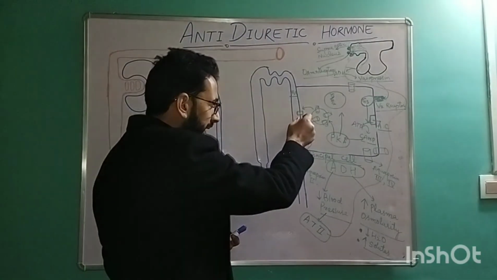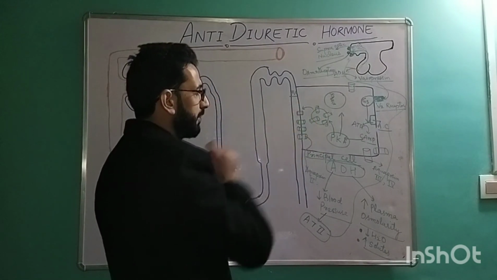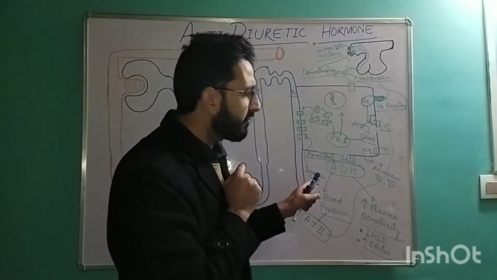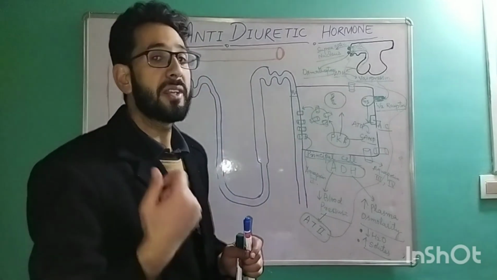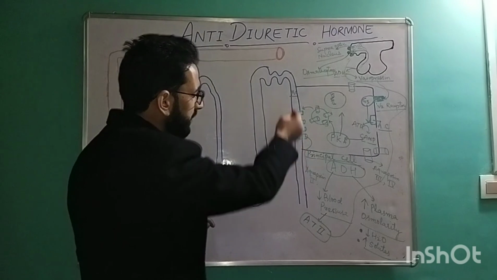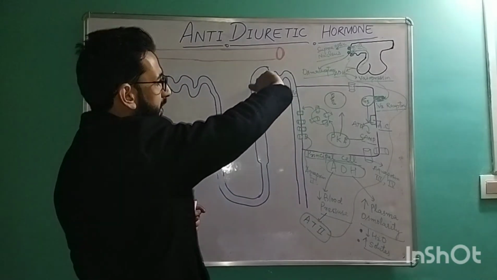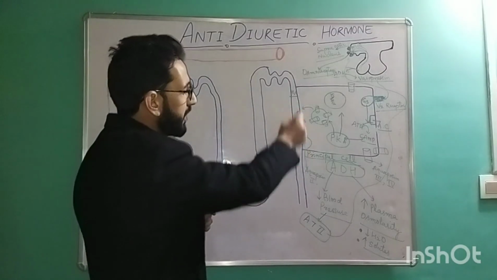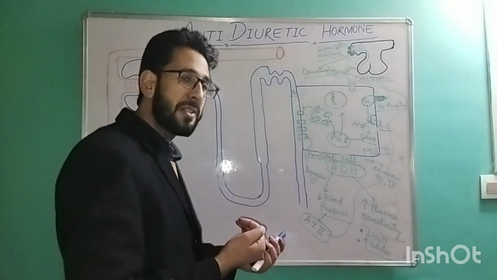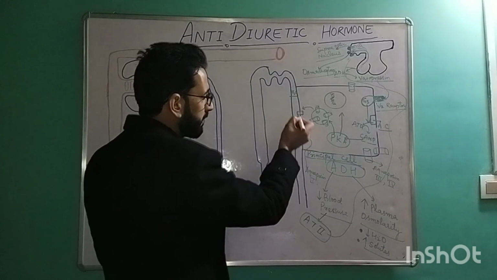Now, once this vesicle gets fused with this membrane, these channels come here. What will happen? These channels are called aquaporin 2. Aquaporin means they are special water channels. Now what will happen? There is water here in this filtrate. Okay, during the formation of urine, once this filtrate comes through these renal tubules, it reaches the collecting duct, and the main component of this urine or filtrate is water. Okay, once these channels come here in this membrane, what will happen?